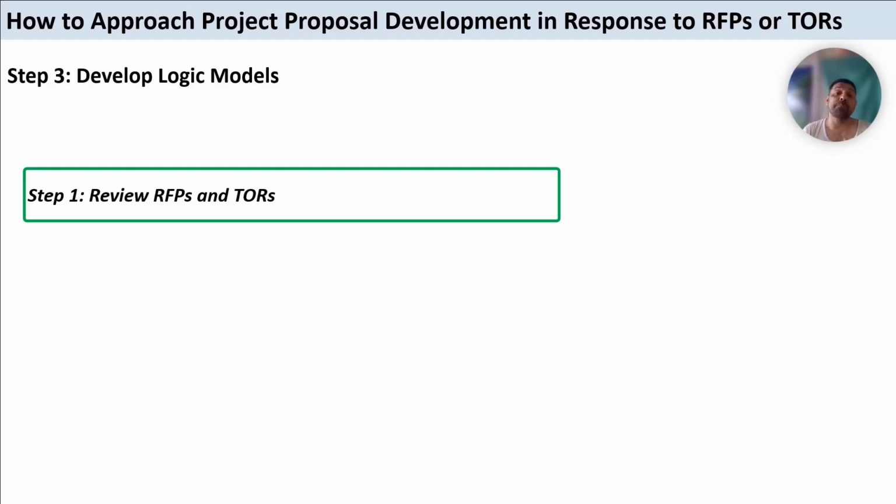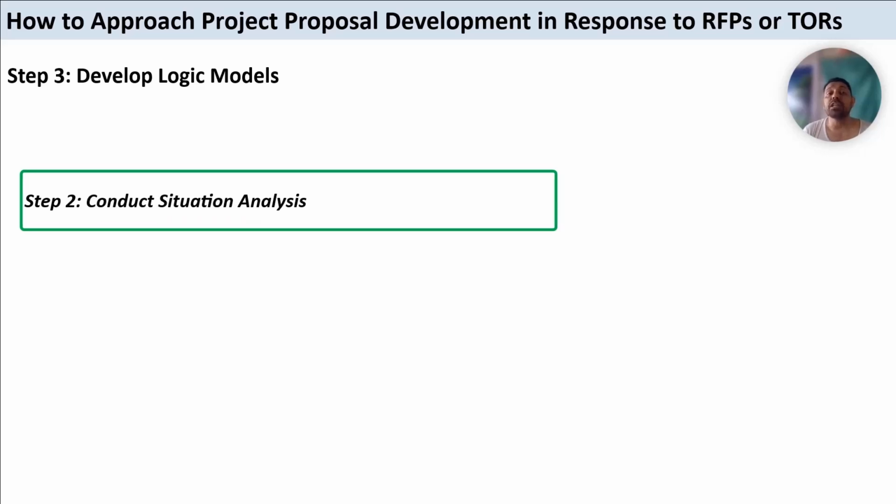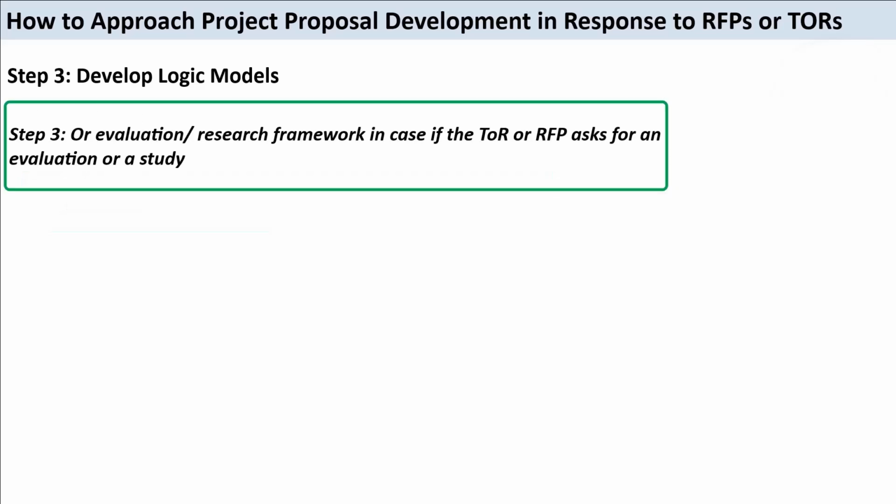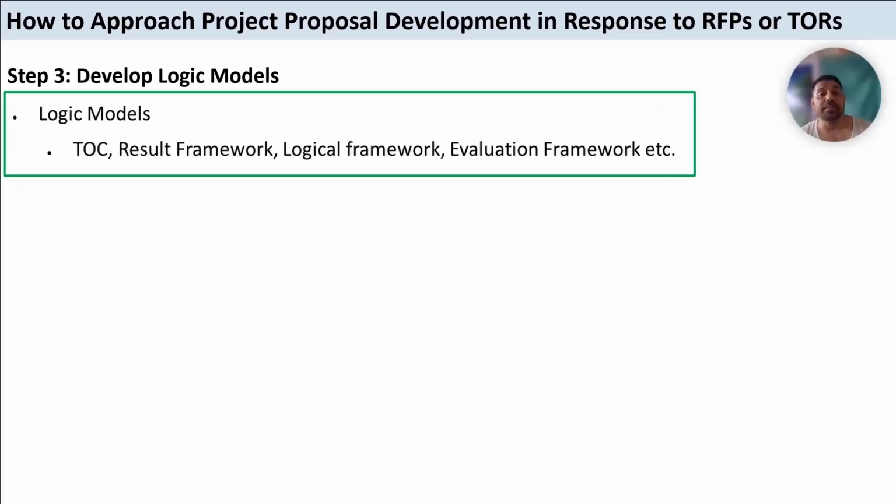In the first step, we reviewed the TORs and then we conducted a situation analysis. Now we are going to develop logic models, like theory of change, results framework, and logical framework.